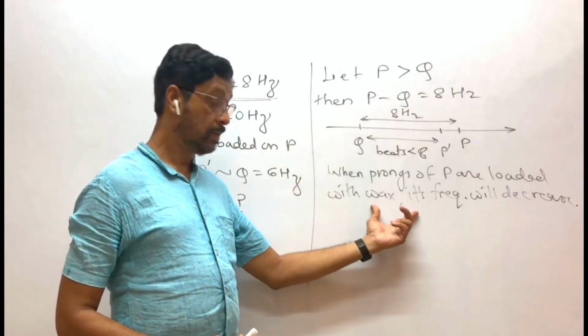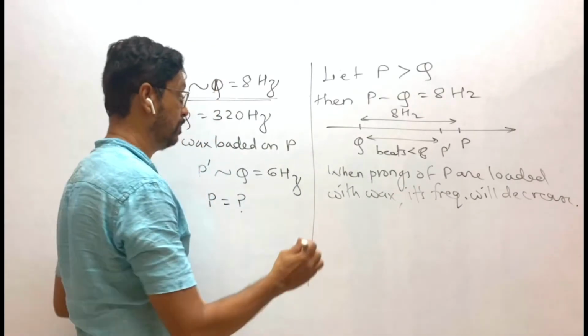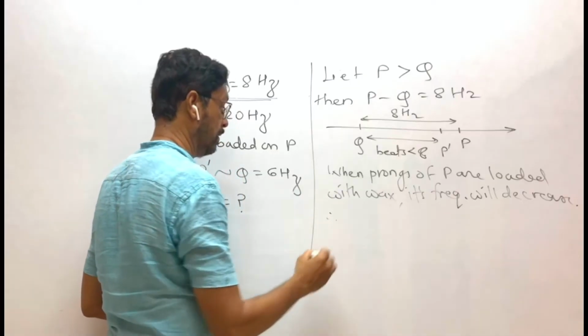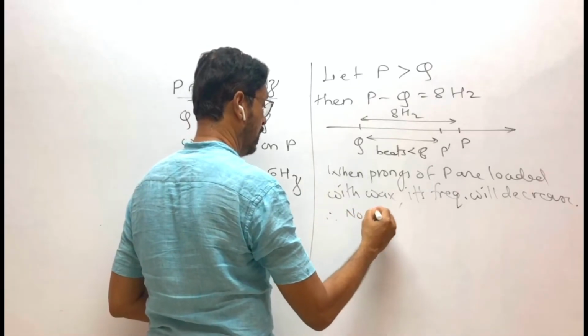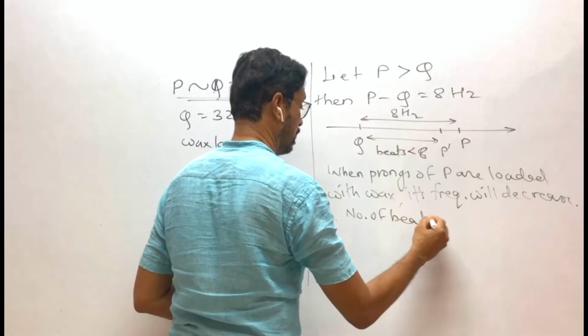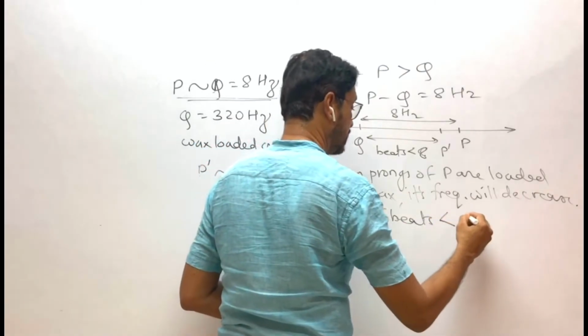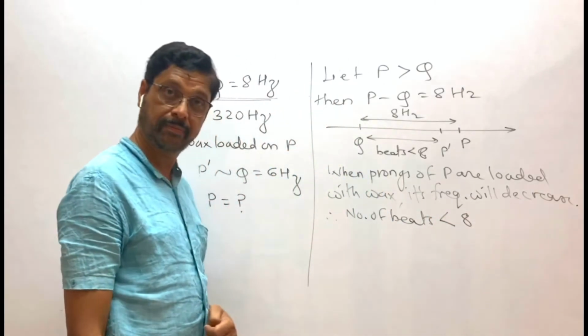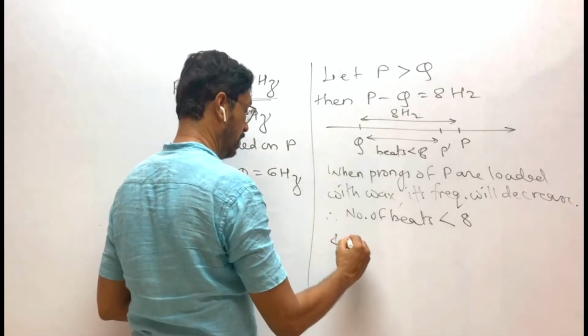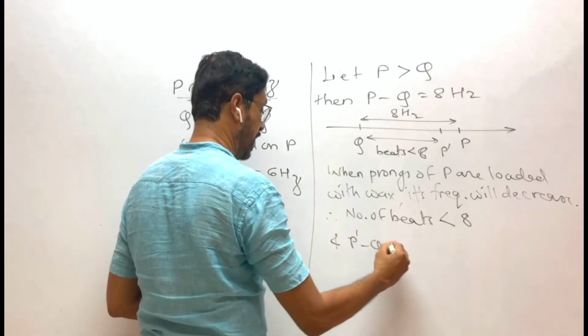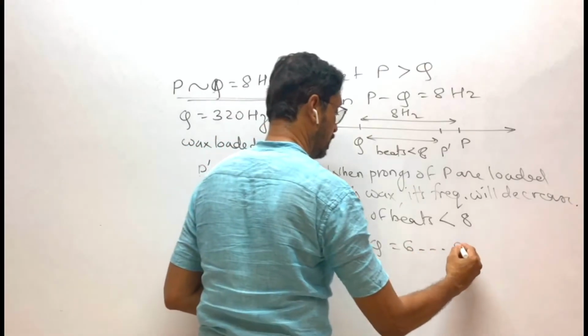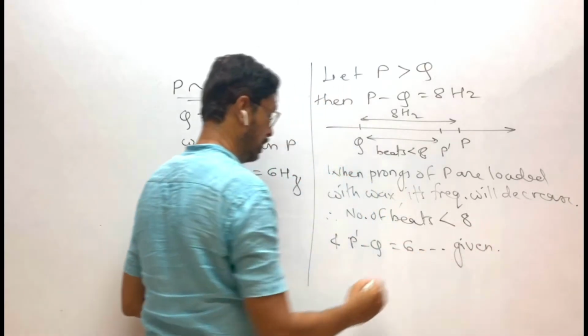Right? Correct? Then, therefore, number of beats will be less than 8, and P dash minus Q is equal to 6 given.